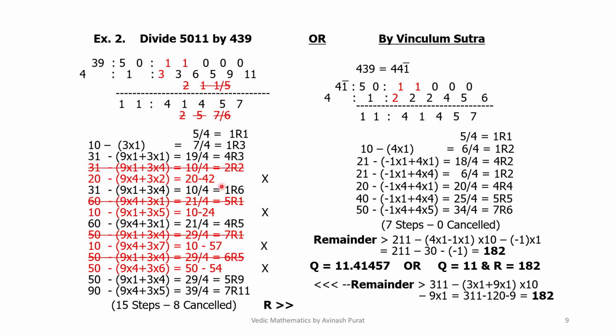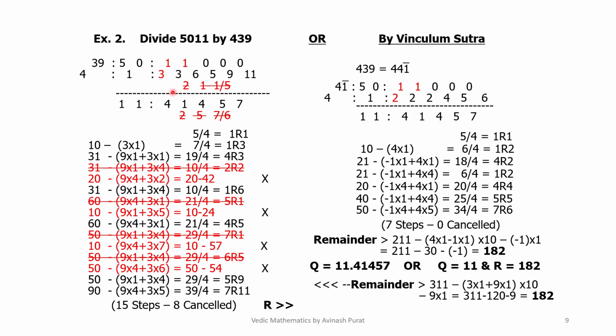So we cannot take 2 as quotient for this 31. We go back to 31 minus 9 into 1 plus 3 into 4 equal to 10 divided by 4 equal to 1 quotient and 6 remainder.